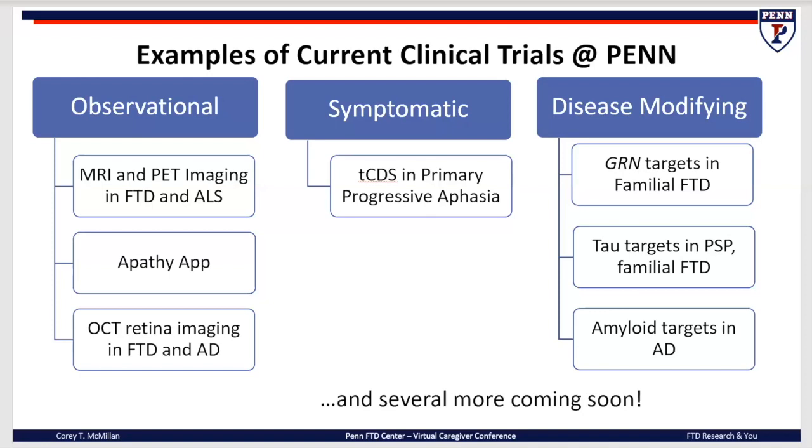We've recently completed a trial of an intervention to stop the tau protein in progressive supranuclear palsy patients, and we'll soon have similar trials for PSP and for patients who have familial FTD involving the tau gene. We'll soon also have a trial for Alzheimer's disease patients targeting amyloid. And there are several other trials planned targeting the mechanism of disease.